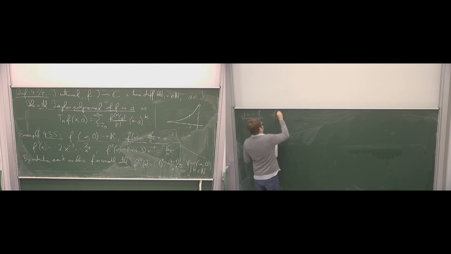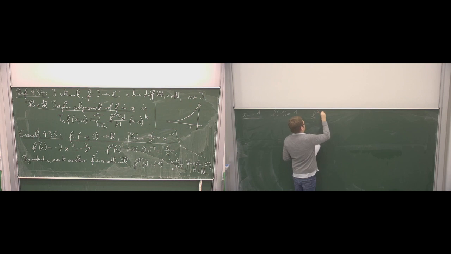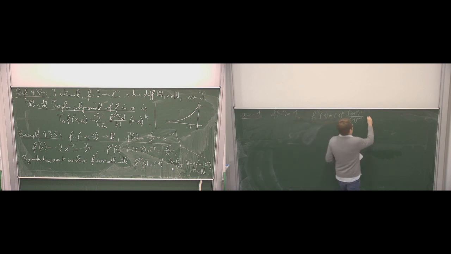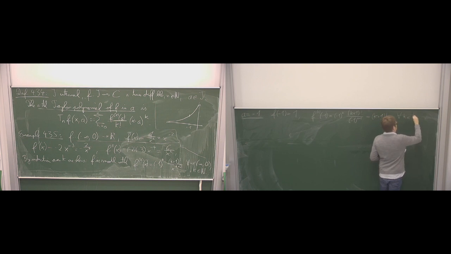So obviously f of minus 1 is simply 1, and the kth derivative of f at minus 1 is minus 1 to the k times k plus 1 factorial over minus 1 to the k plus 2. Here minus 1 to the k cancels out, and all that remains is minus 1 to the power of 2, which is just 1. So this is just k plus 1 factorial for all k in N.